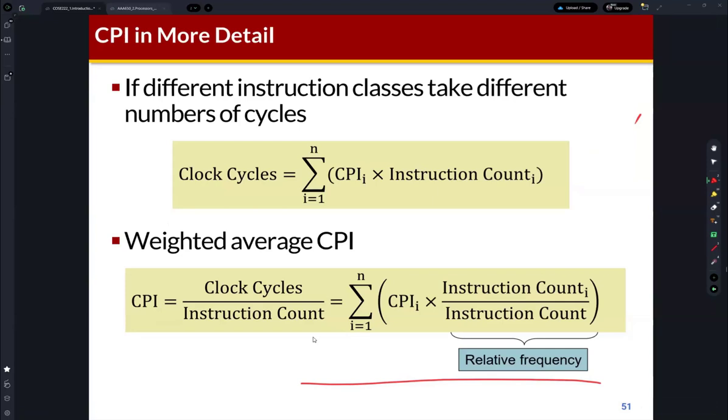Now, I will explain the CPI part. What is the definition of CPI? It's clock cycles per instruction, right? We will learn about the instruction set architecture in chapter 2. But you need to know that a CPU executes a group of instructions.